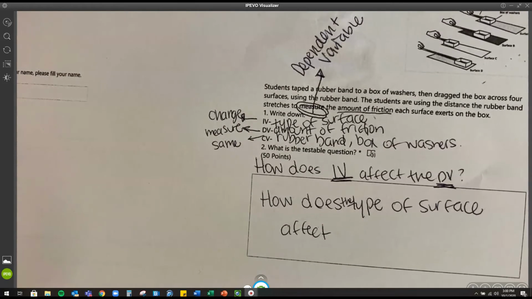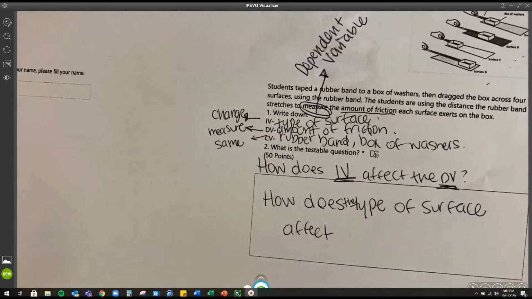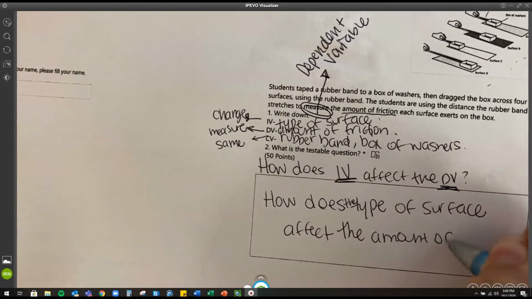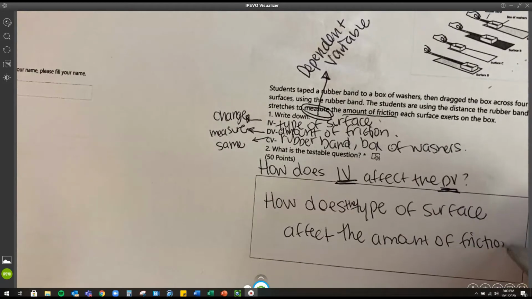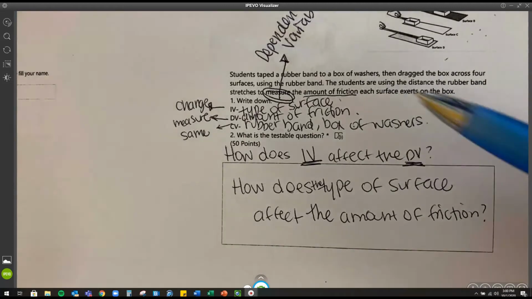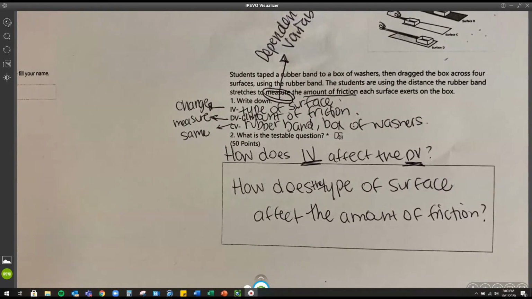What's the DV, Armando? Which is, in this example, what? The amount of friction. Affect the amount of friction. That should be my answer for number 1. I have identified all my variables, and now I've written a testable question. It says, how does the type of surface affect the amount of friction?